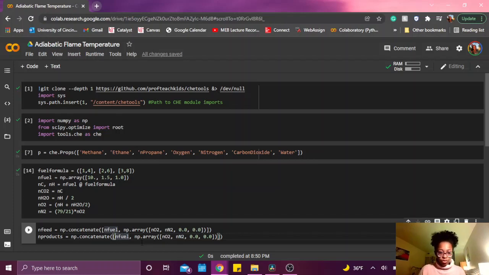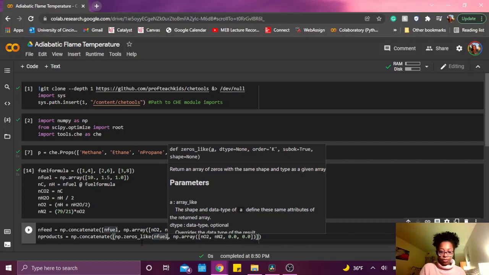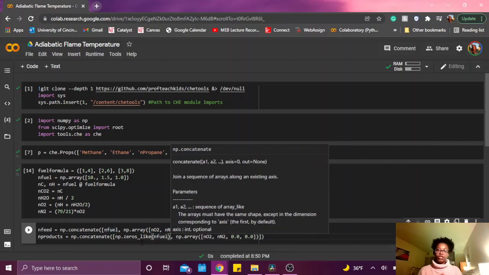So we can do np dot zeros like in fuel, and that'll just make it so you can put in any amount of compounds that don't necessarily have to be methane, ethane, and propane, and still be able to apply it to this equation.